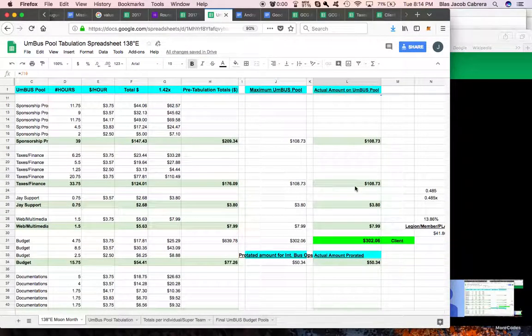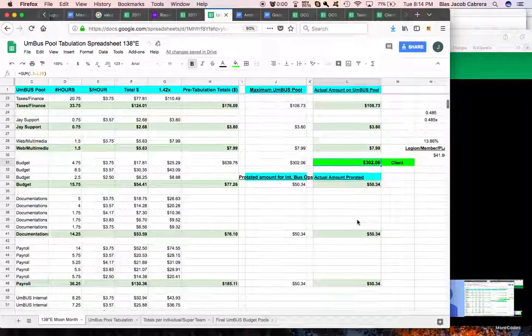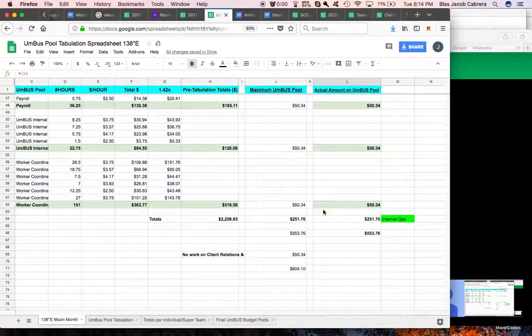This is all correct. $380 correct, $799 correct, $302. So that's correct. 50, 50, 50, 50, 50, and then 0 for this one. This one's 0. So the total's 553.76. So this is the actual total amount brought in. Okay?